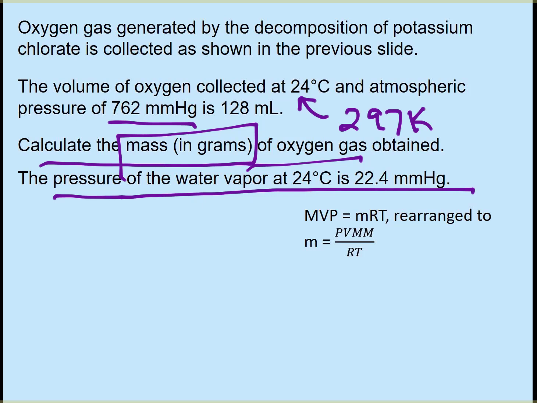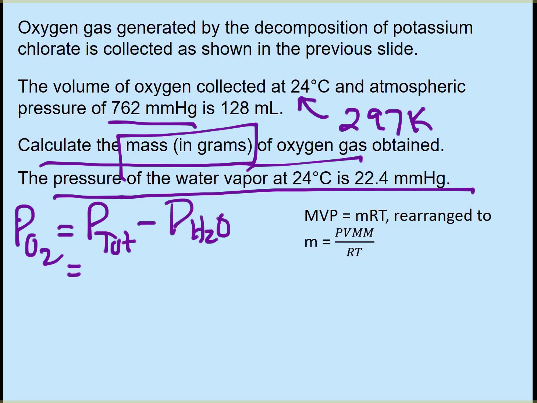So the pressure of my oxygen, again, I'll take the total pressure minus the water vapor pressure, and my total pressure, 762, subtract 22.4. So if you're ever wondering, well, why did they give me water vapor pressure? That's because you've got to use it. So there won't be a table like in your homework.